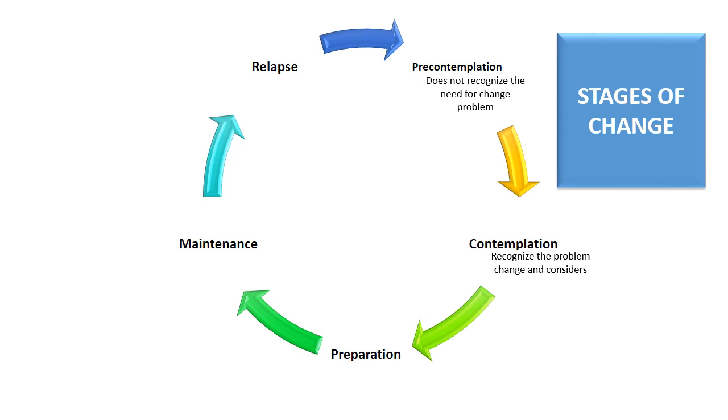At the stage of contemplation, the individual is able to recognize the problem and consider that there is a change that is actually needed. The individual starts thinking about the healthy behaviors, which almost takes around 6 months again. The individual tries to become thoughtful, but here again, the individual is ambivalent.